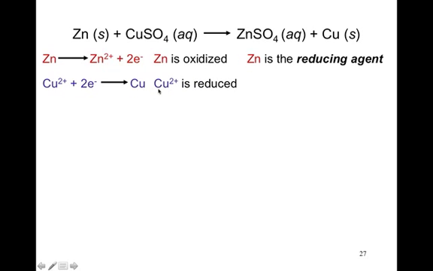Maybe it makes good sense to you. I hope it does. Copper is reduced. So if it's reduced, it is the oxidizing agent. So it's reduced because it oxidizes zinc, so it's the oxidizing agent. Zinc is oxidized because it reduced copper, so it's a reducing agent. It kind of makes sense if you think about it, but it's weird to say an unoxidized element's a reducing agent.